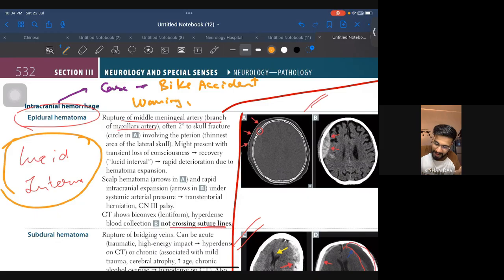Waning and waxing of consciousness. Okay, waning waxing means patient is conscious, he became unconscious. Again he become conscious, again unconscious. So this is what is known as lucid interval. If an explanation like this is given in the question, your answer is epidural hematoma.